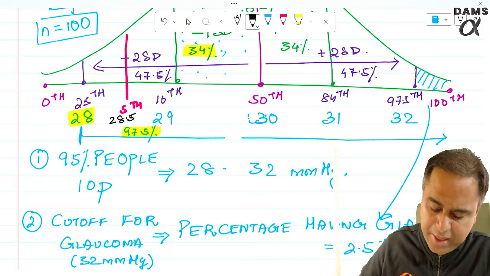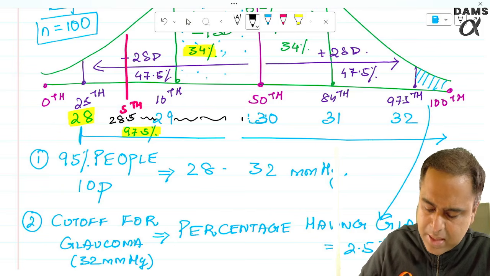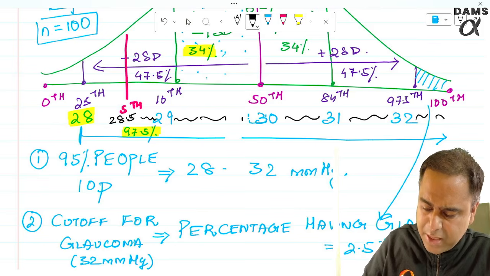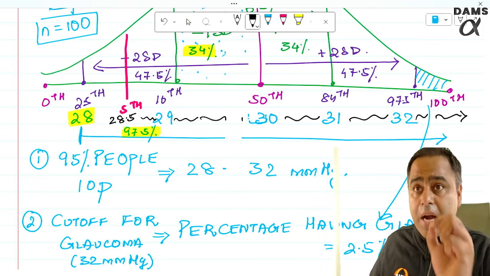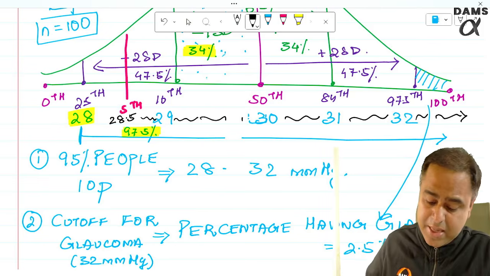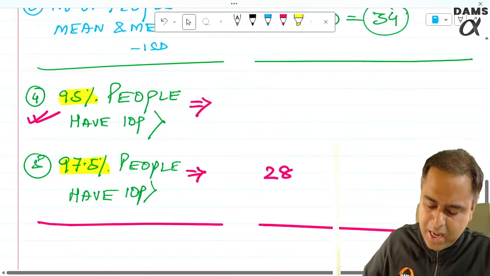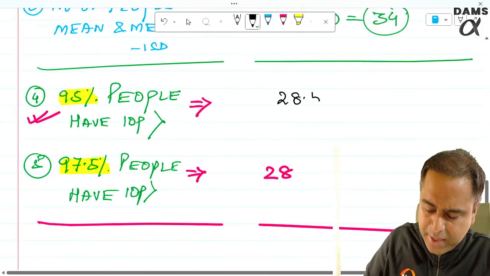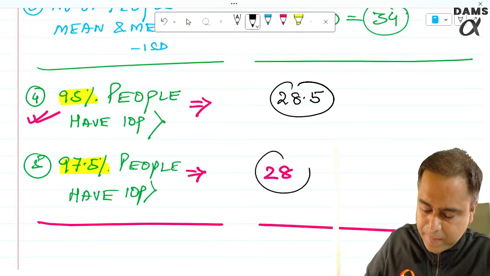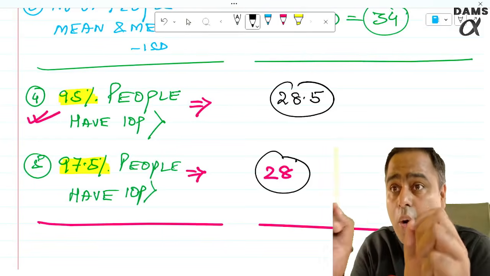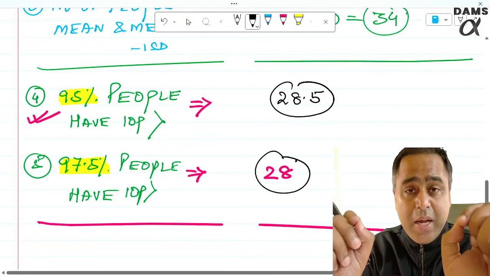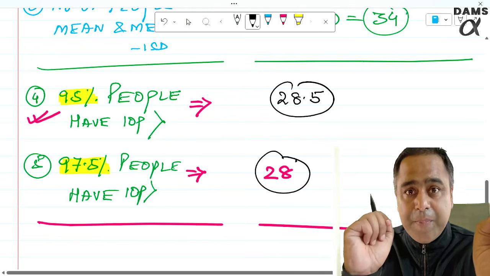So this is 28.5. So you can see that there is 95% people above it, because 100 minus 5 is 95. So the answer to this is 28.5. So these are all the probable questions which you can get from this particular topic.